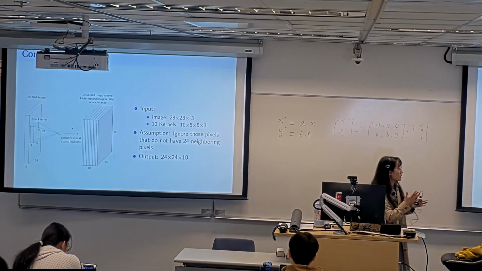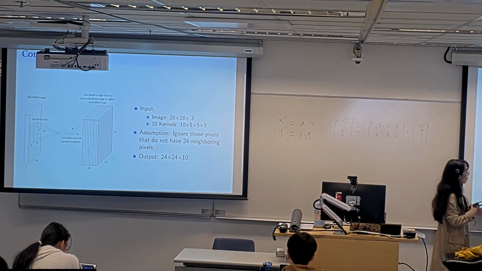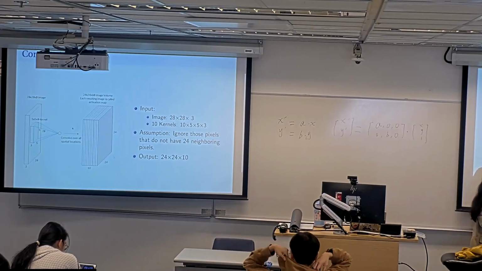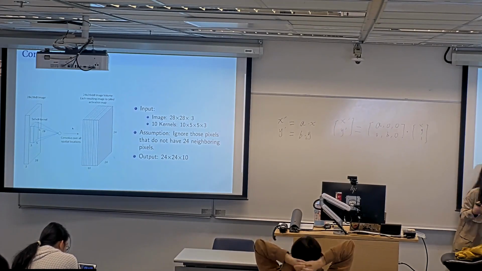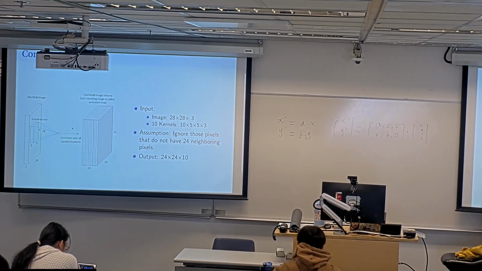You just concatenate them layer by layer after convolving over all the spatial locations. The first kernel, you will get some results here. The second kernel, you get some results here. And in total, you apply 10 kernels. That's why the output has a depth of 10 channels added together.